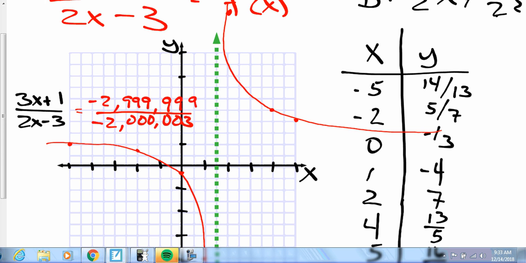So, what's the top real close to? Negative 3 million. What's the bottom real close to? Negative 2 million. So what's negative 3 million over negative 2 million? 3/2, right? Will it ever equal 3/2? No. So where can I put a horizontal asymptote? At 3/2.